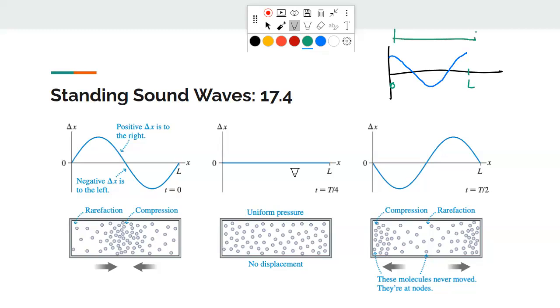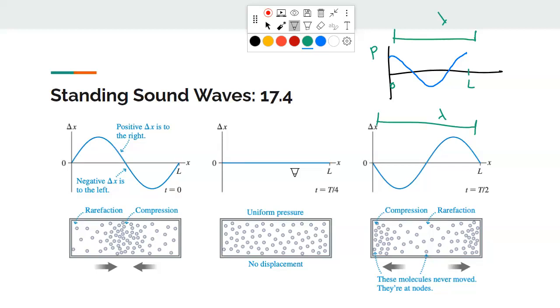So this is still lambda, and this is lambda. So everything's the same, but it's shifted. So when we think about the pressure graph for a sound-based standing wave, it will be a pi over 2 shifted version of the displacement graph.